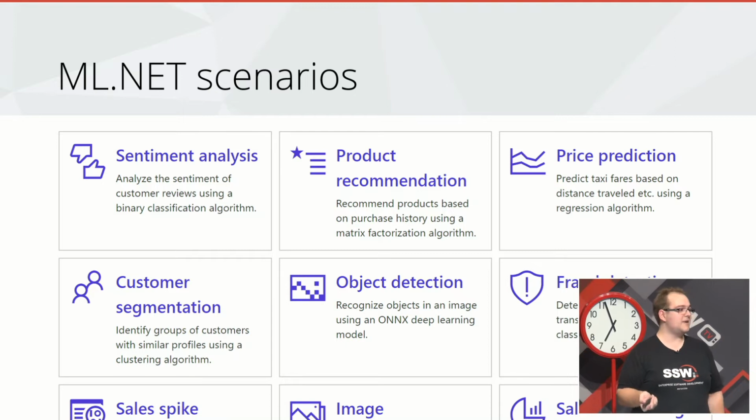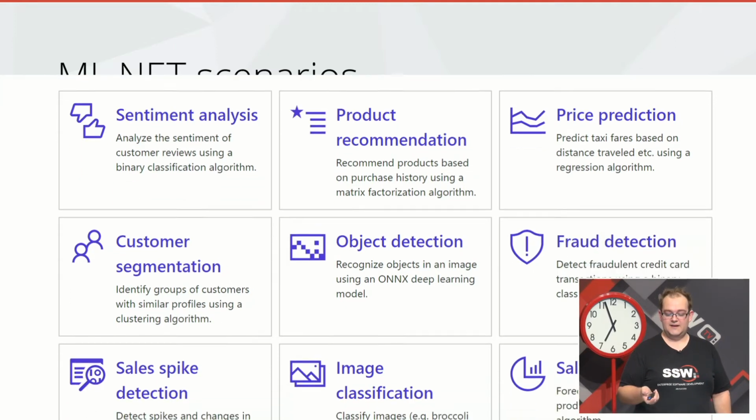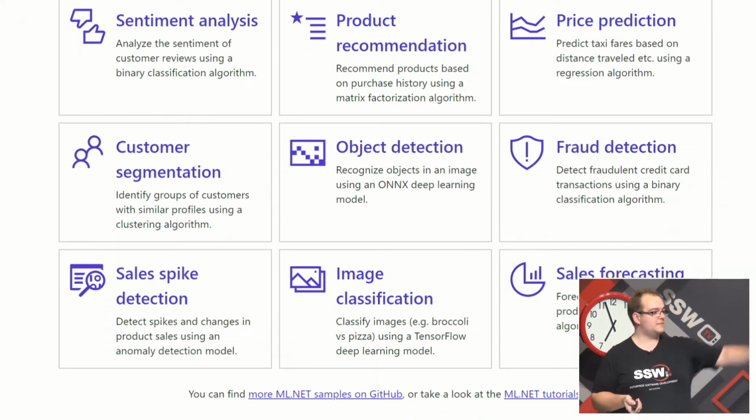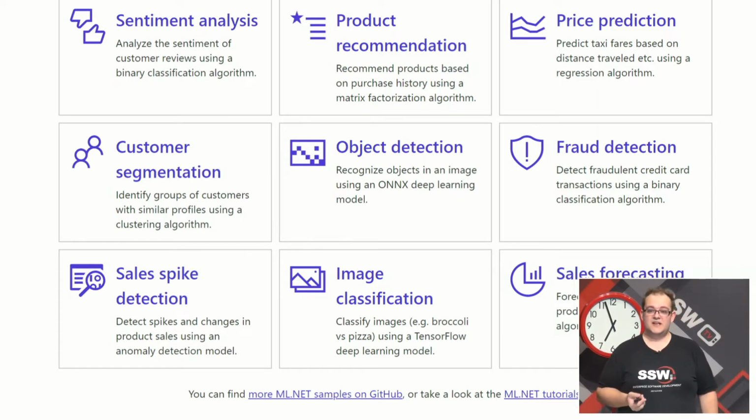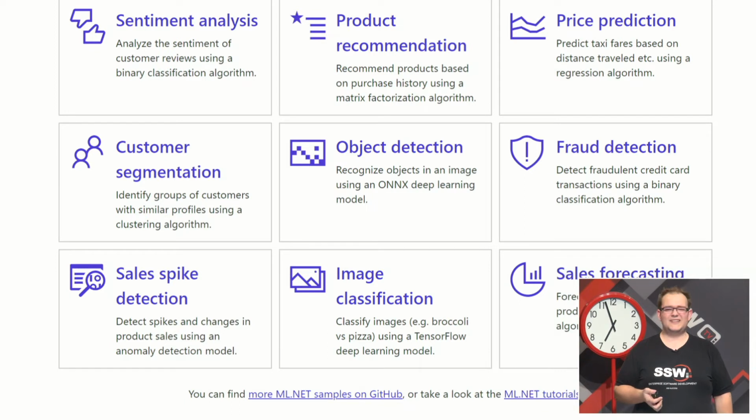On the front page, there are 9 scenarios. That's quite a bit, but if you go down below to the GitHub samples, you will get something like 27, and they're expanding the number of scenarios over time. So if you don't find your scenario today, it might come in a few months.